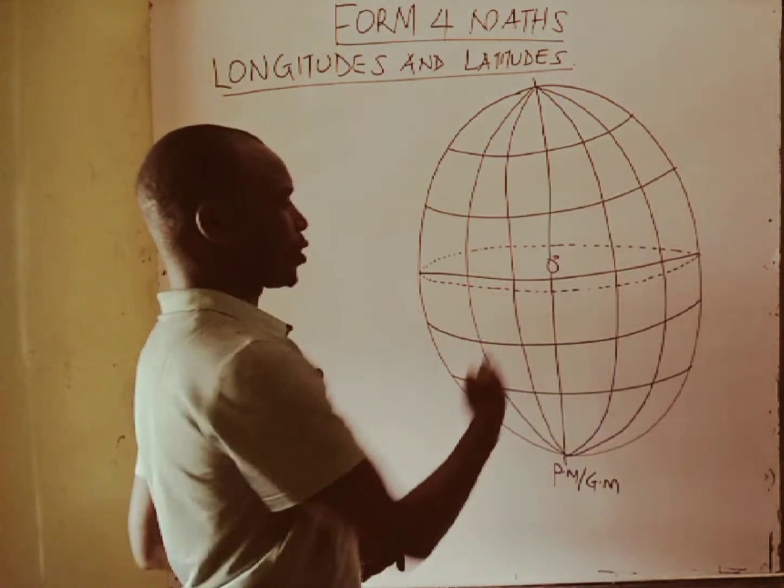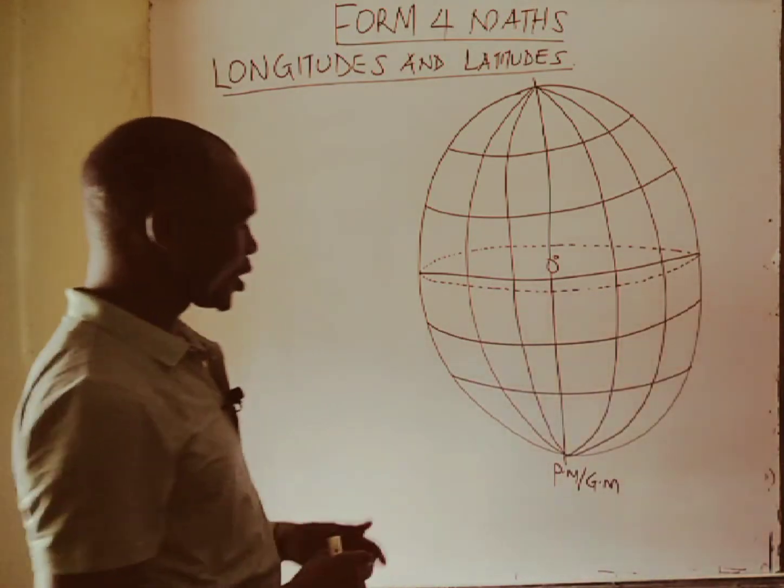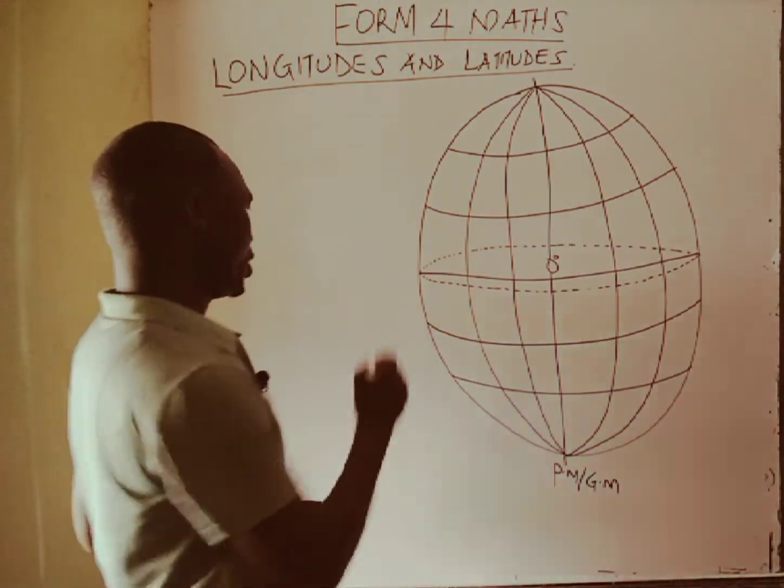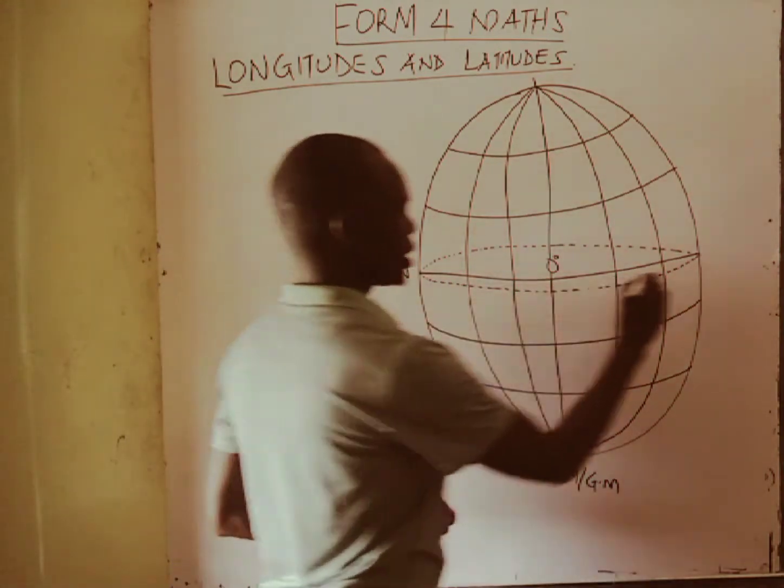From there we have longitudes to the east. We also have those longitudes to the west. So this is our west, this is our east.